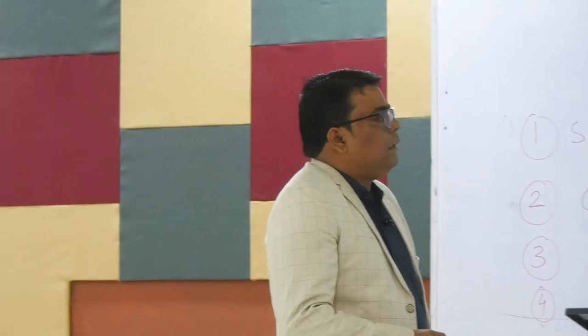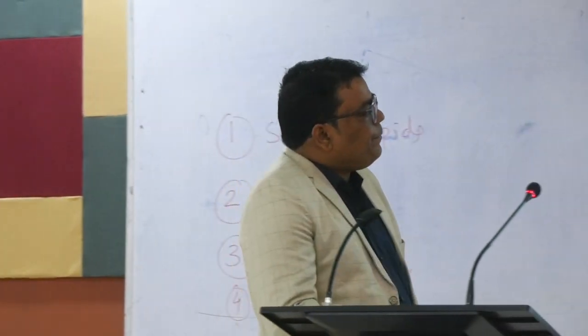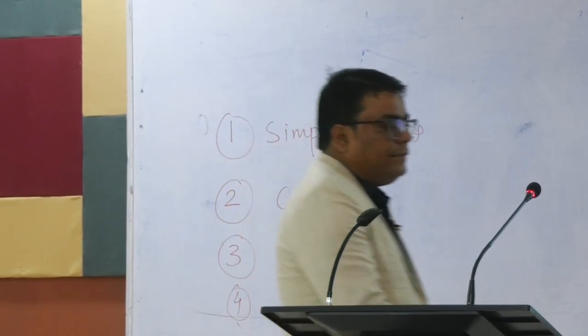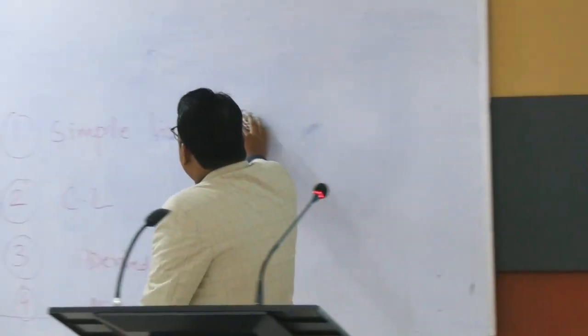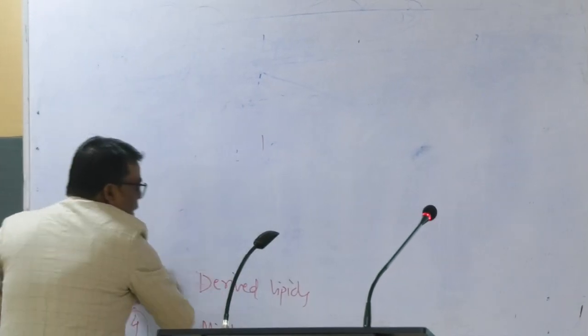Okay? This is the structure, you know, of 3 carbon molecules which contain fatty acid chain. Students, if you remind the structure in your mind, you can usually classify all the lipids.